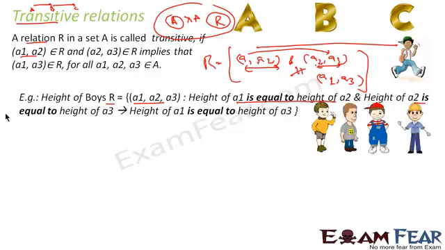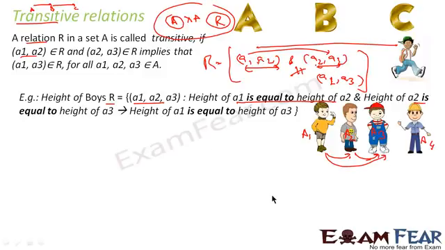For example, if you take boys here, I'll name them: this guy is A1, this guy is A2, this guy is A3, and this guy is A4. So if I say A1 is equal to A2 in height, this is one thing I told. Then I told A2 is equal to A3, this is the second thing I told. With this, I imply that A1 is equal to A3, height of A1 is equal to A3.